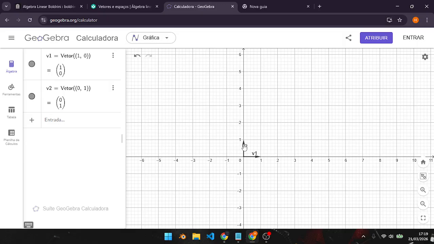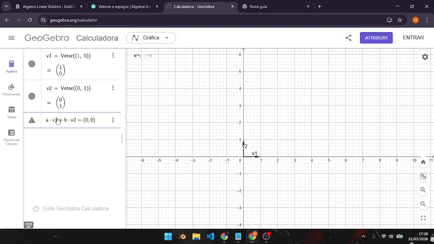They do two things. First, they are linearly independent. What does this mean? It means that I can take a constant a multiplied by v1 and another constant b multiplied by v2, and that needs to give me the vector (0, 0). This is the equation.